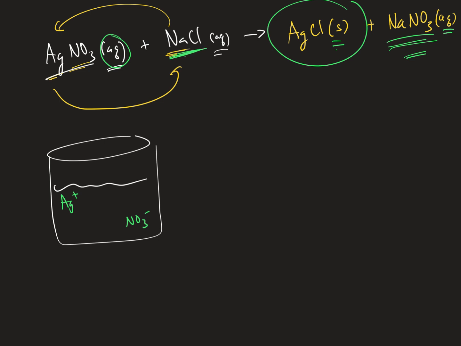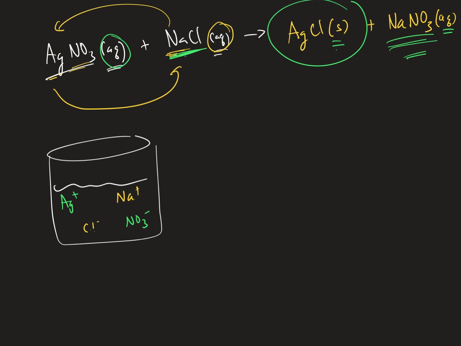Does this one break apart? Because it's aqueous, it's going to break apart into sodium ions and chloride ions. Now I'm just drawing one of each, right? How many are there really? Trillions of them, right? Okay.